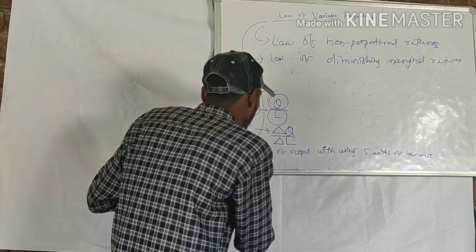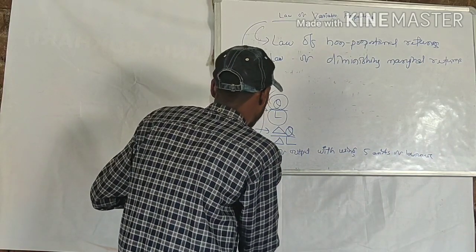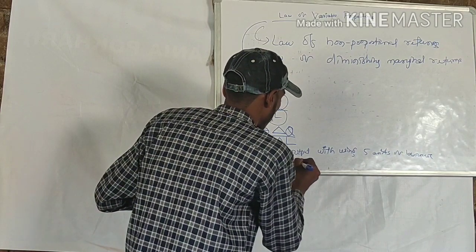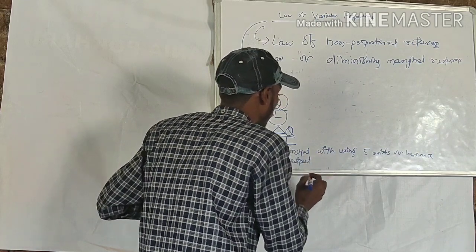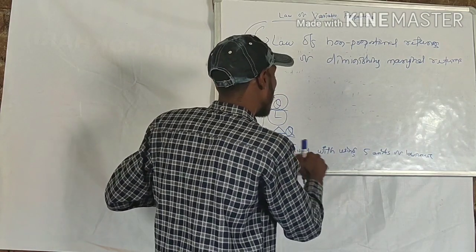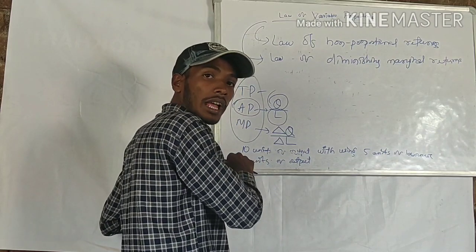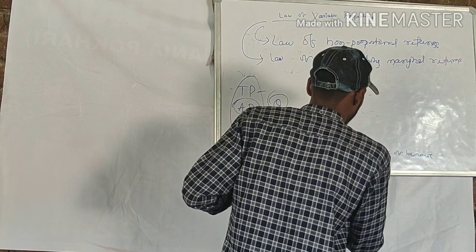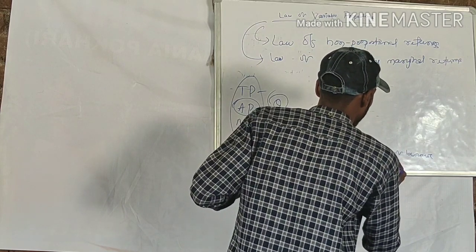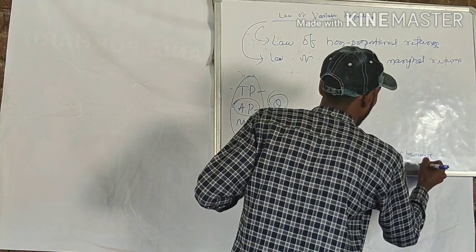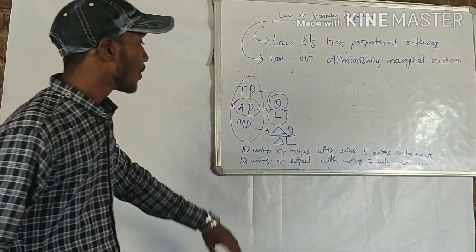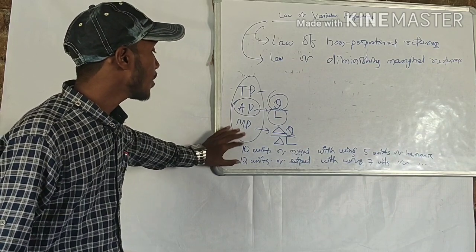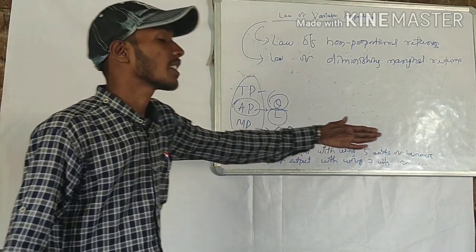So now if I am going to produce 12 units of output using 7 units of labor, what is the ratio between the change in output and the change in labor?